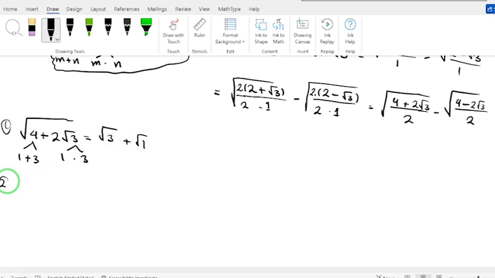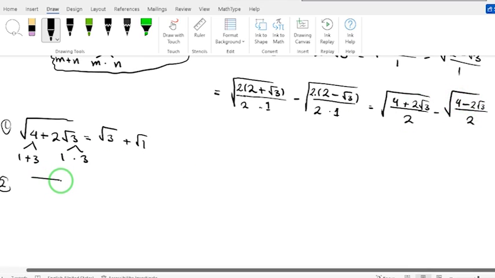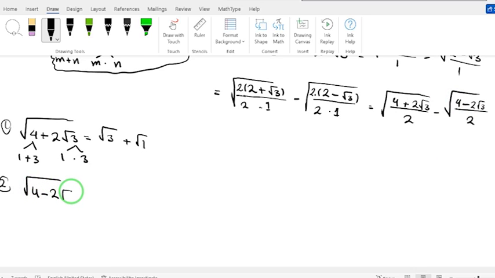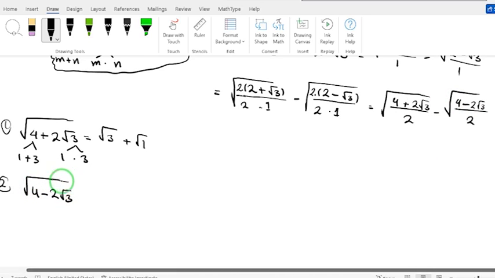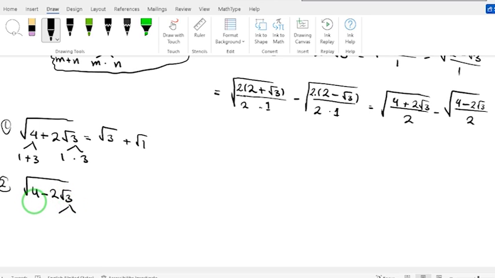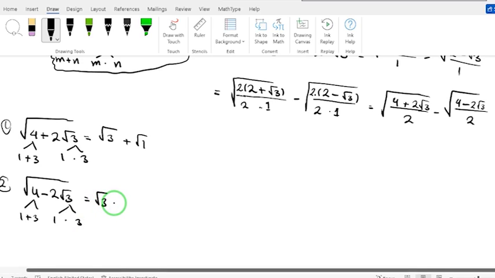And also the second part here, we have 4 minus 2 times square root of 3. The same, we find two numbers, 1 multiplied by 3, and 1 plus 3 gives us 4. All the time keep in mind that the larger one should be written first. Here, square root of 3 minus square root of 1.